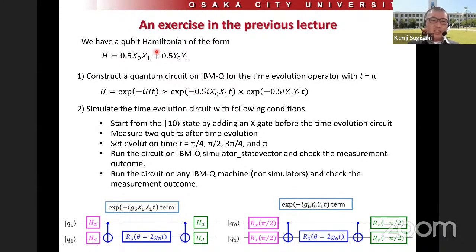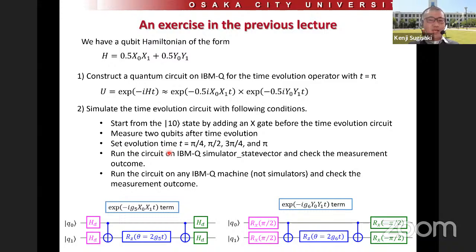We have a Hamiltonian of the form H = 0.5 X0 X1 + 0.5 Y0 Y1. Construct a quantum circuit on IBM Q for the time evolution operator, substituting t by pi, and simulate the time evolution under the following conditions. Start from the 1 state by adding an X gate before the time evolution circuit, and measure the outcome.